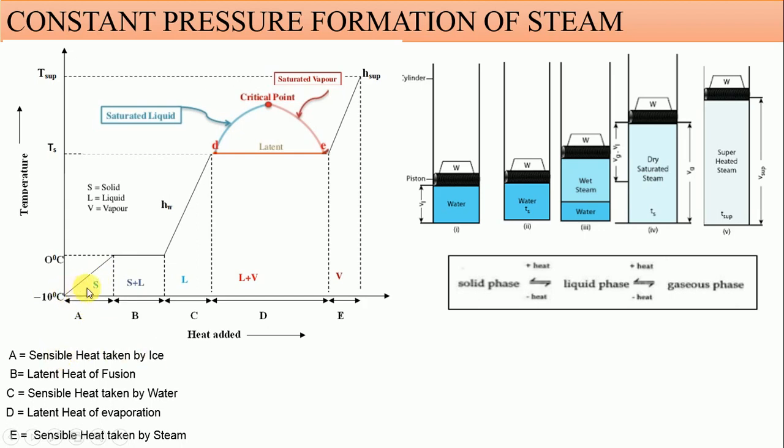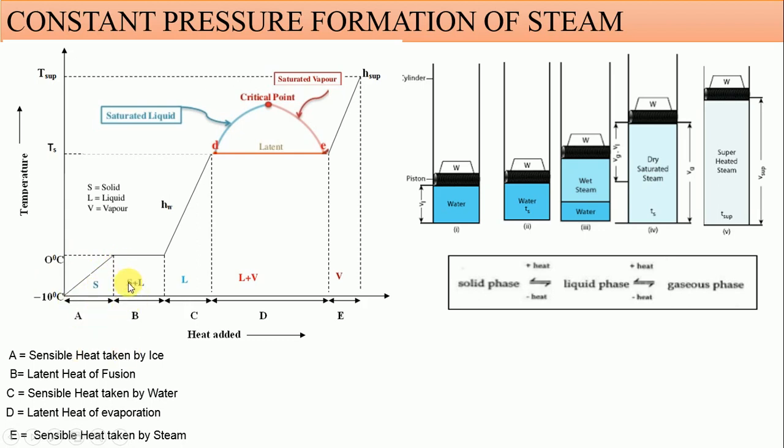So sensible heat is nothing but the amount of heat required to raise the temperature, here minus 10 degrees Celsius to 0 degrees Celsius. So the temperature difference delta T is equal to 10 degrees Celsius. So this amount of heat is nothing but the sensible heat.